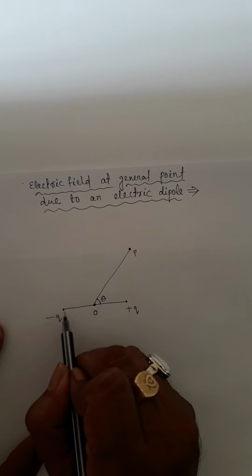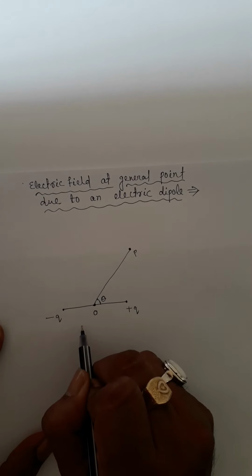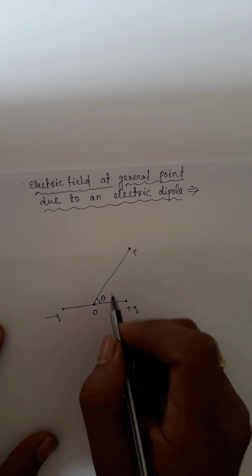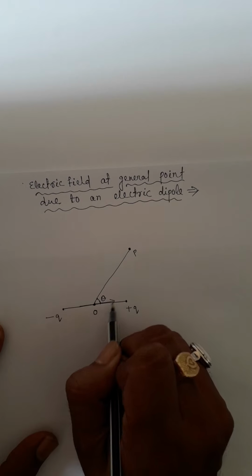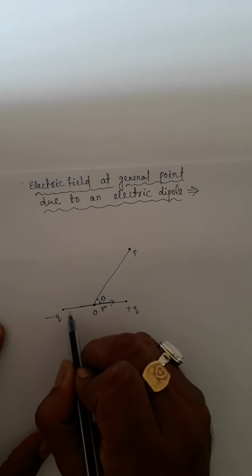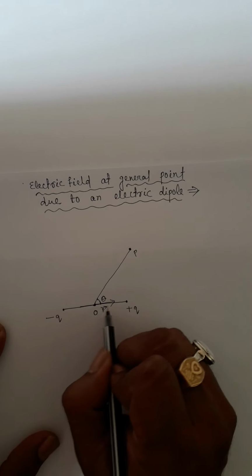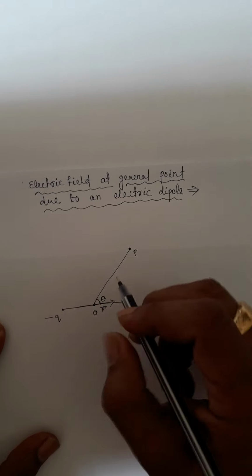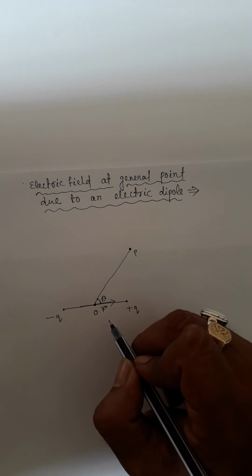We know that the direction of an electric dipole is always from negative to positive. Suppose this is the dipole moment of this dipole in this direction, that is P vector. Since the dipole moment is a vector quantity, we can resolve it into two components, horizontal and vertical.